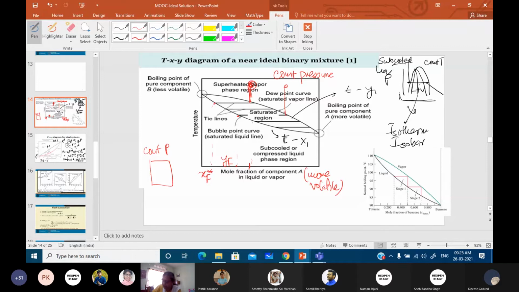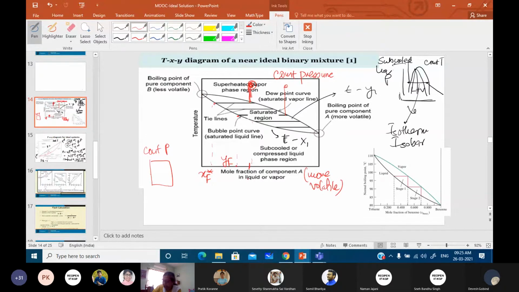So we find that when we start from the superheated vapor condition and come to the saturated vapor curve, this curve lies between the boiling points of the two components.